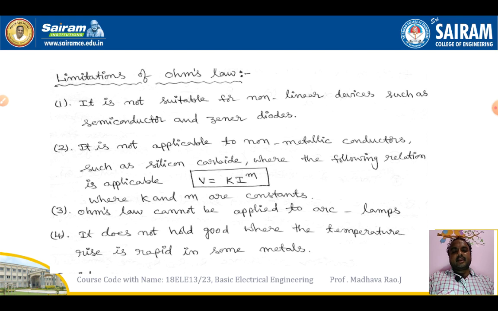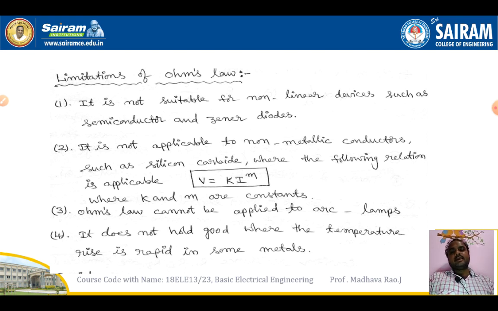Third, Ohm's law cannot be applied to arc lamps. Why is it not applicable? When the temperature increases, the arc lamp's brightness will increase, so the arc lamp's temperature is not constant. Finally, it does not hold good where the temperature rise is rapid in some metals.